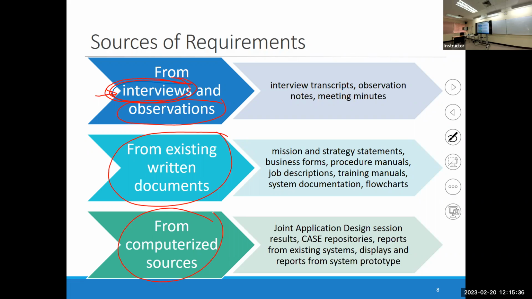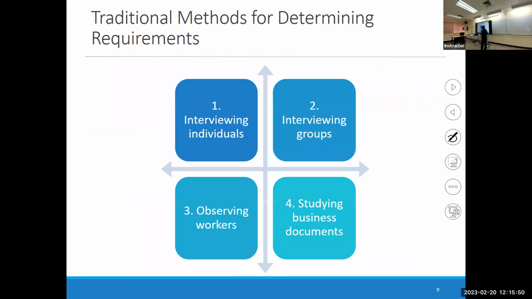How does the current system work? Whether the current system can do this, cannot do that, generates this, and so on, okay? Traditional methods I already mentioned.